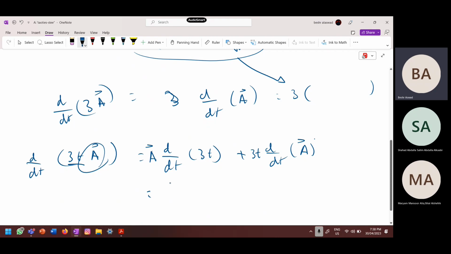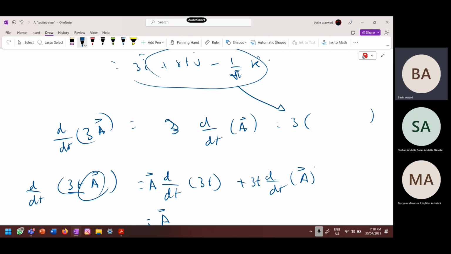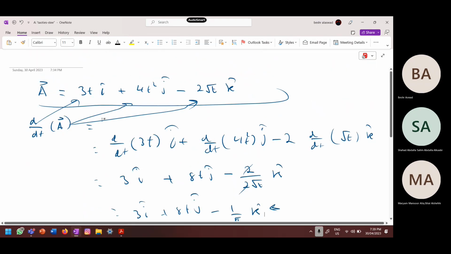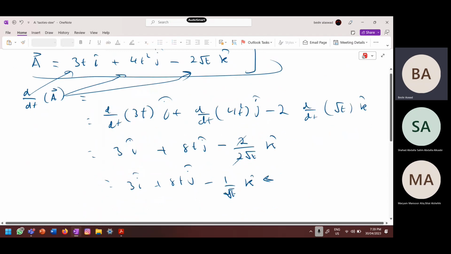To get this, you'll get the vector a itself. I don't want to rewrite it, but you can apply it. Actually, no, this is vector a. Sorry, even this is wrong here. This is not vector a. This is the derivative of vector a. Vector a is all up here. Sorry for that.